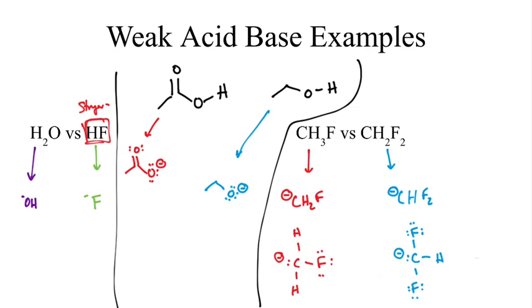Okay? And we now compare those two. We start with charge. What's the charge? They're both negative. In particular, what is negative? The carbon. Okay, it is not the fluorine, because the fluorine is not the one that had the hydrogen. It was the carbon. So when I'm now looking for charge, I'm looking at the atom that's holding the charge.